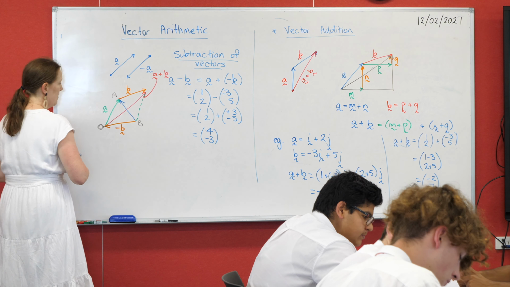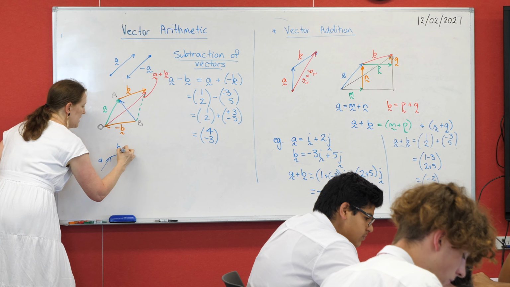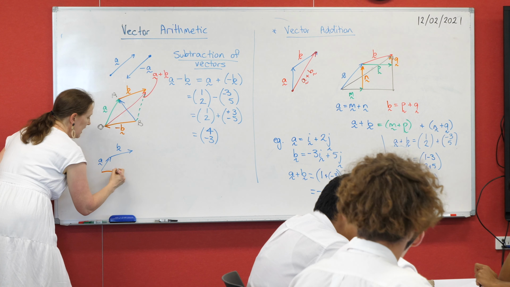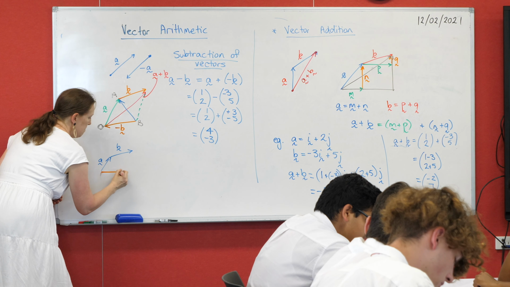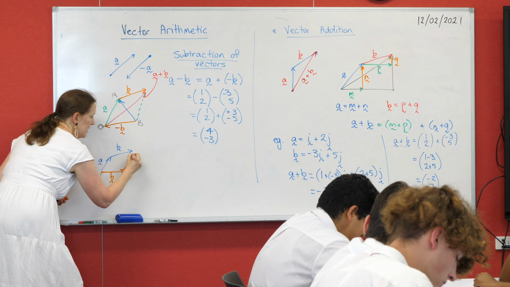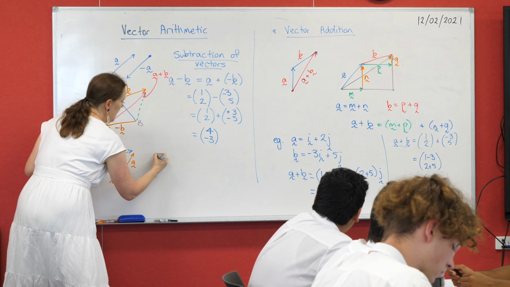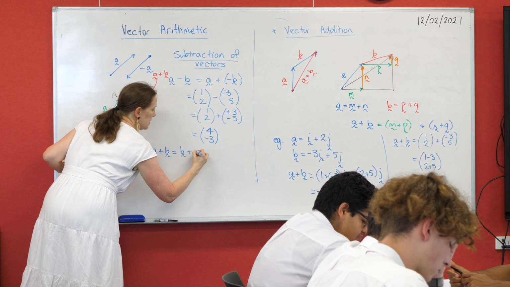So again, if we were to have A plus B vector, we could go around the other way and say, ooh, sorry, B plus A. What does it mean if we have that A plus B equals B plus A?